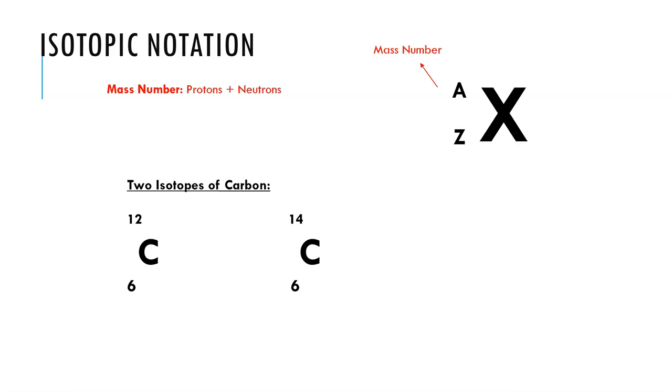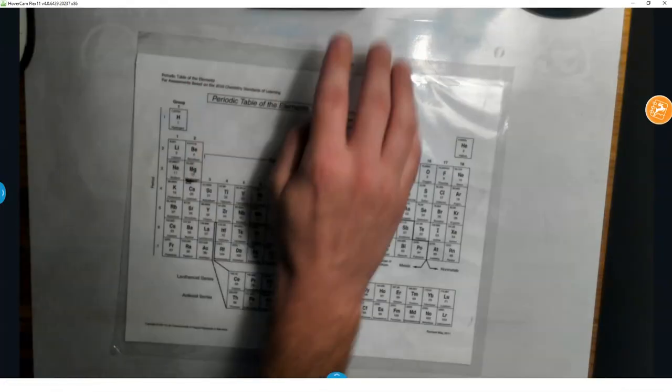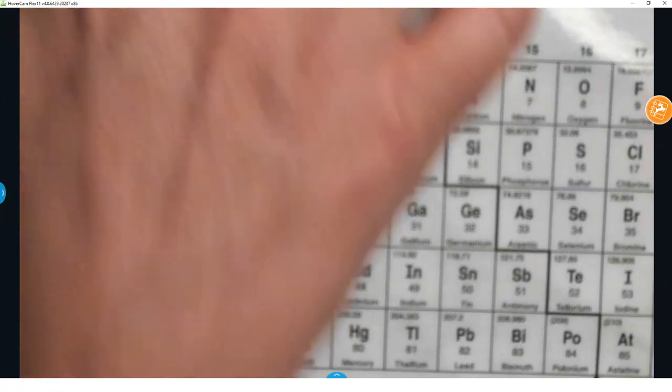Let me break out my periodic table here. Because the mass number is just the sum of these subatomic particles, the mass number is always going to be a whole number. But if you look at the periodic table, let me hit the focus again.